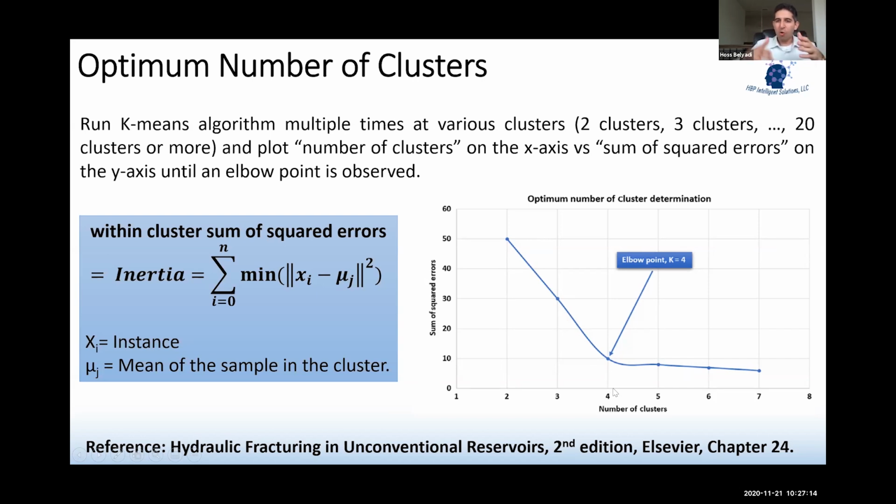So you're going to have cluster one with, let's say, 500 samples, cluster two with another 500 samples, cluster three with 499 samples, and cluster 4 with 498 samples.